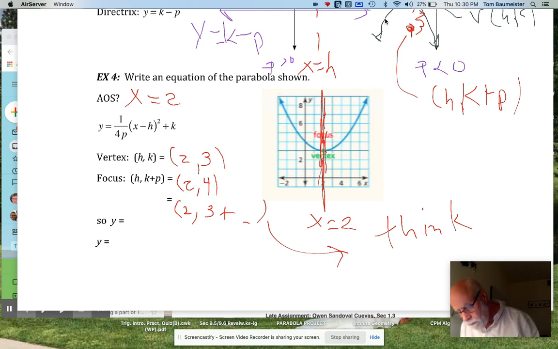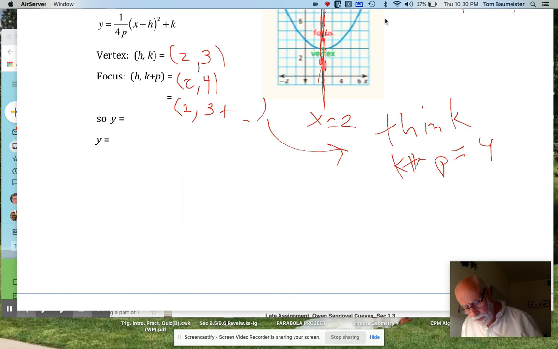K plus p is equal to 4. You know that your k is 3. So 3 plus what equals 4? Well, you're going to tell me it's 1, right? So if it's 1, look, our p here is equal to 1. All right? So that's our p right there. 1.